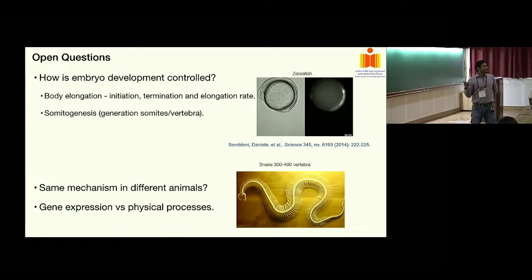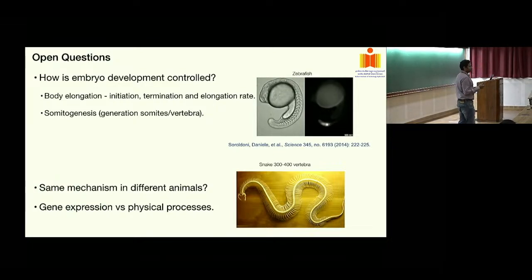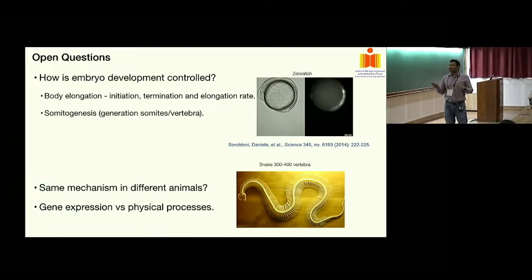There have been many experiments where they start from a spherical structure of these early embryos, and then try, genetically or using some chemicals or proteins, to bring in activity and see if that leads to symmetry breaking. But there have not been many successful experiments on how the symmetry breaks and it starts to elongate. That is the initiation process.